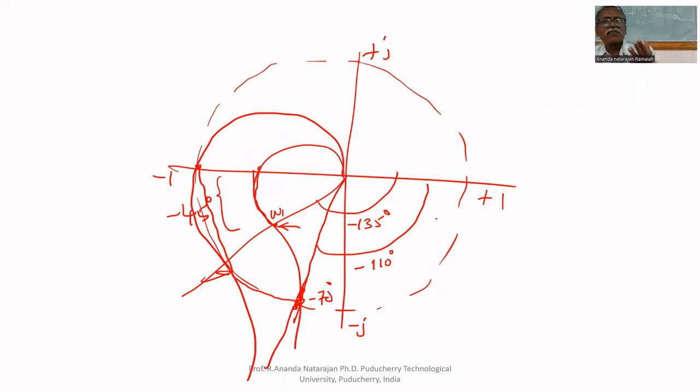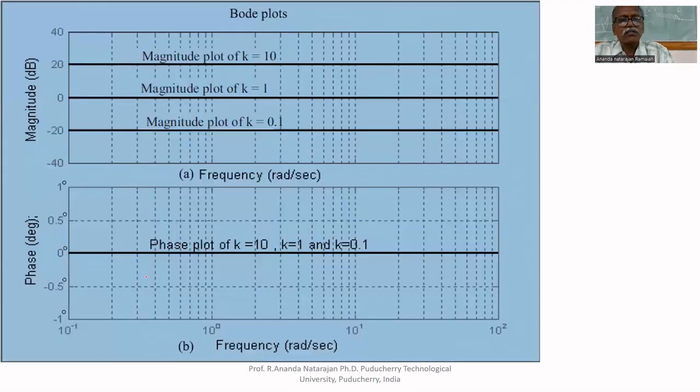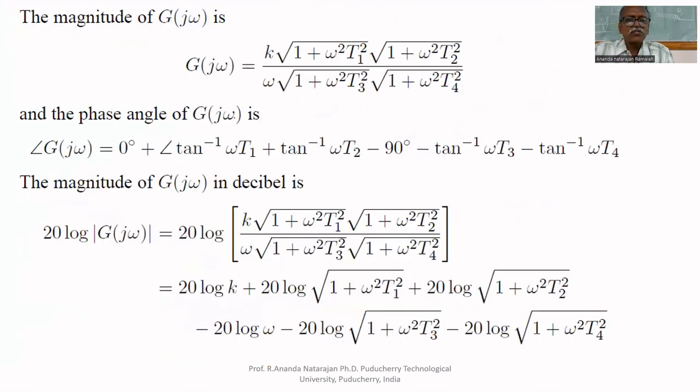That's why the phase margin is 70 degrees, because it has 110. If I introduce phase shift only into that system, not increasing the gain, the system becomes marginally stable. That's why the system has a phase margin of 70 degrees. That is called phase margin.